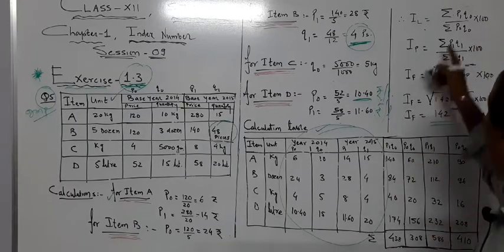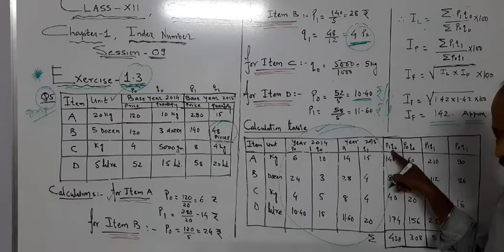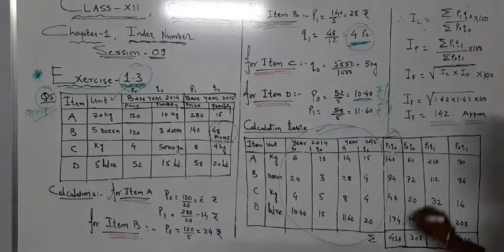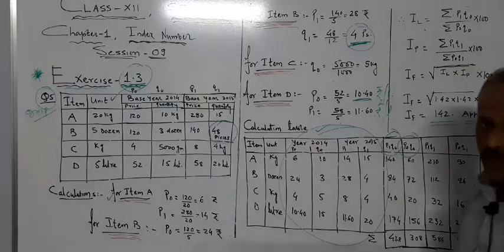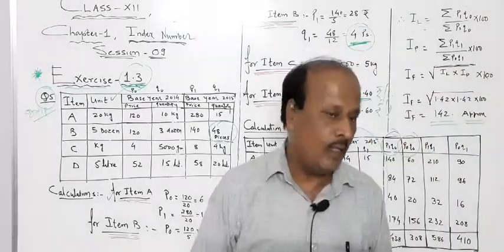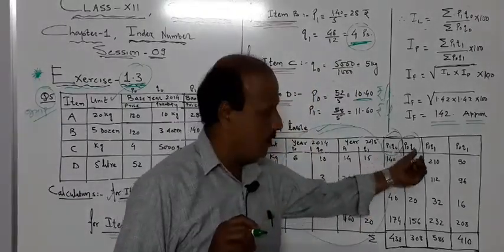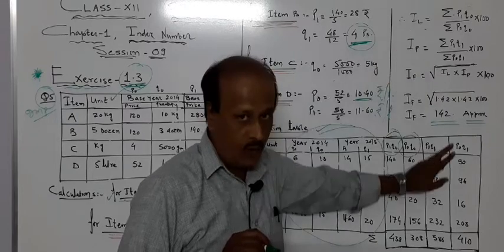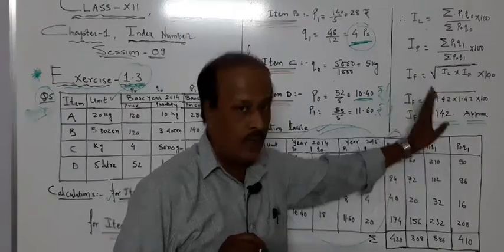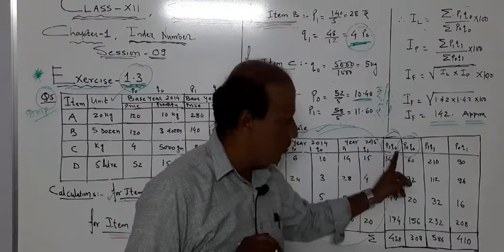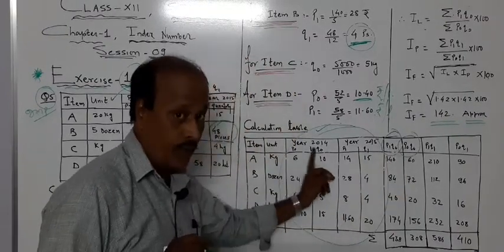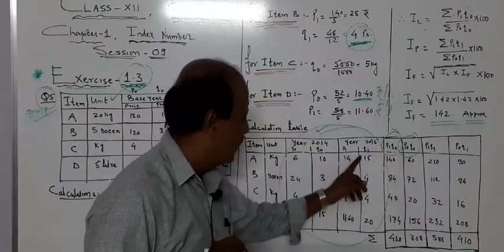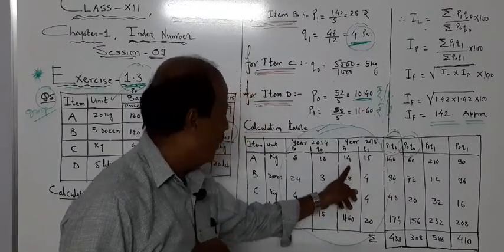So you will have to multiply P1 Q0, this column, because we require it in this formula. Then we require P0 Q0. So multiply P1 Q1, P1 Q0 and P0 Q0. This is required in the formula of IL. Either you do it separately, otherwise we'll be doing it together. So P1 Q0 you got, use the calculator, multiply these columns. P1 is 14 and Q0 is 10.